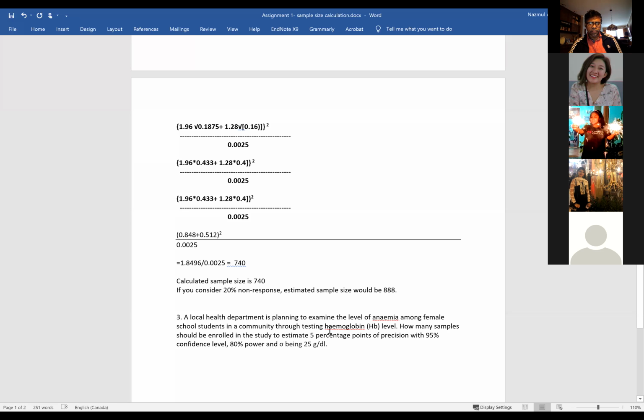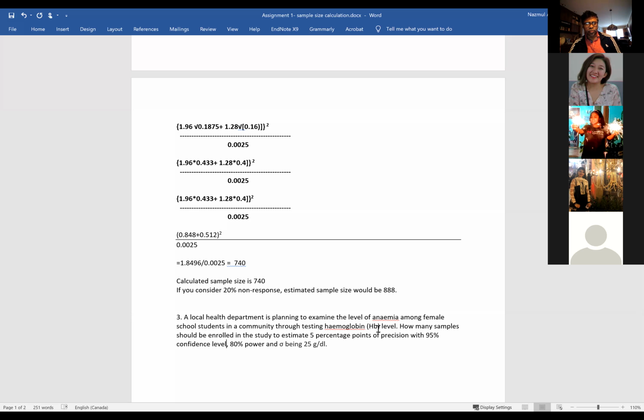And then you see the level of hemoglobin is not a percentage. It's a continuous value that you will get. So in this kind of study, instead of doing the percentage calculation, you will be calculating the mean, and then the test would be a t-test. On the other hand, for the two samples that we have calculated, we will be doing the chi-square test, and here you will be doing the t-test, because the outcome is a continuous variable.